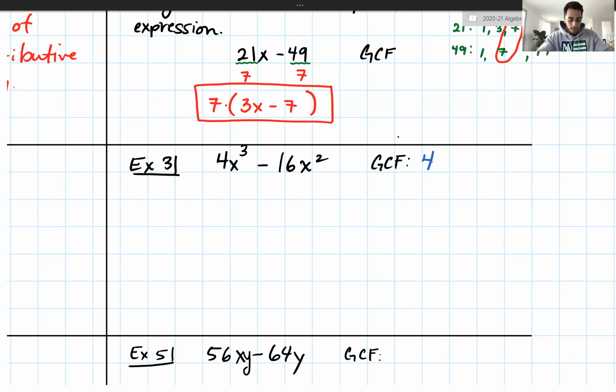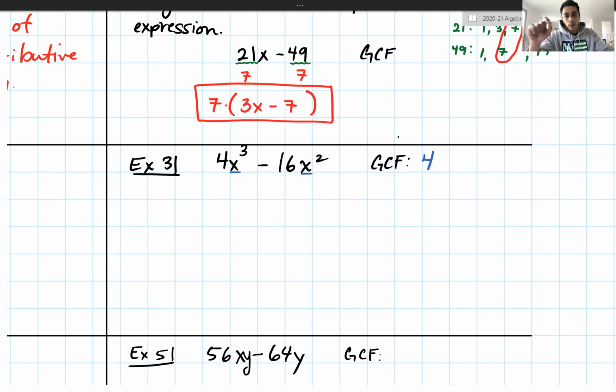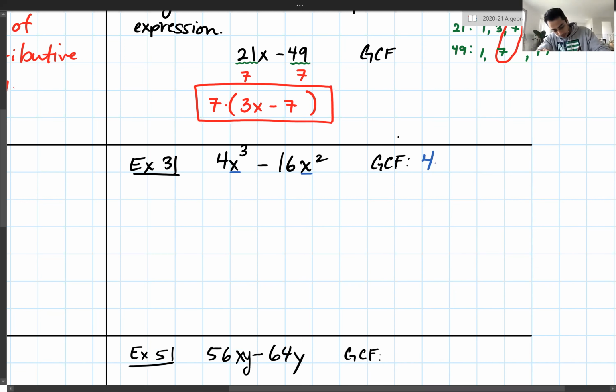One of the ways that I like to teach it is, you see that they both have x. What is the lowest power they both share? In this case, the lowest power they both share is x squared, the power of 2. Because I could divide x squared by x squared, and I could also divide x to the third by x squared. So my greatest common factor is not only 4, but it's actually 4x squared.